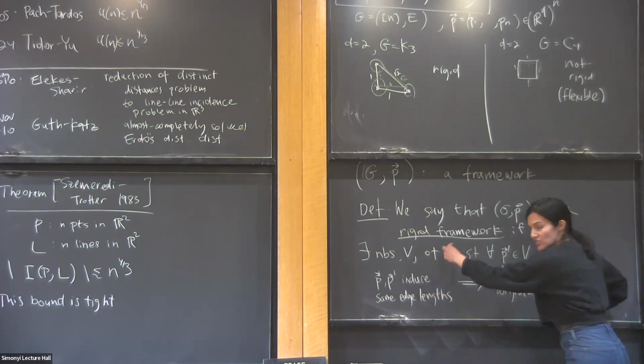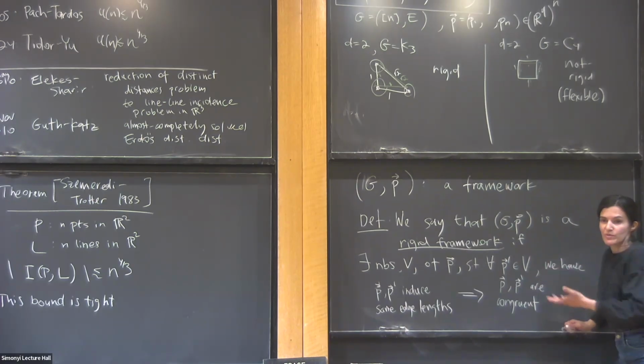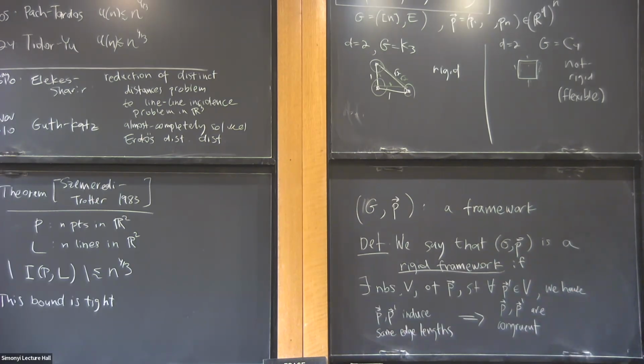If they have the same edge lengths, then they are actually the same. So all the pairs have the same length. Okay, so this is the definition.